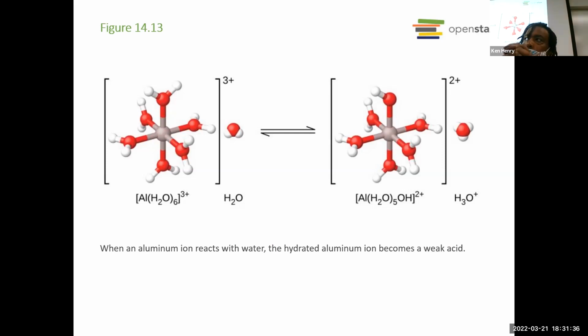And so then we'll get, in this case, the aluminum hexahydrate ion, and then we'd end up with aluminum pentahydrate hydroxide. Okay.